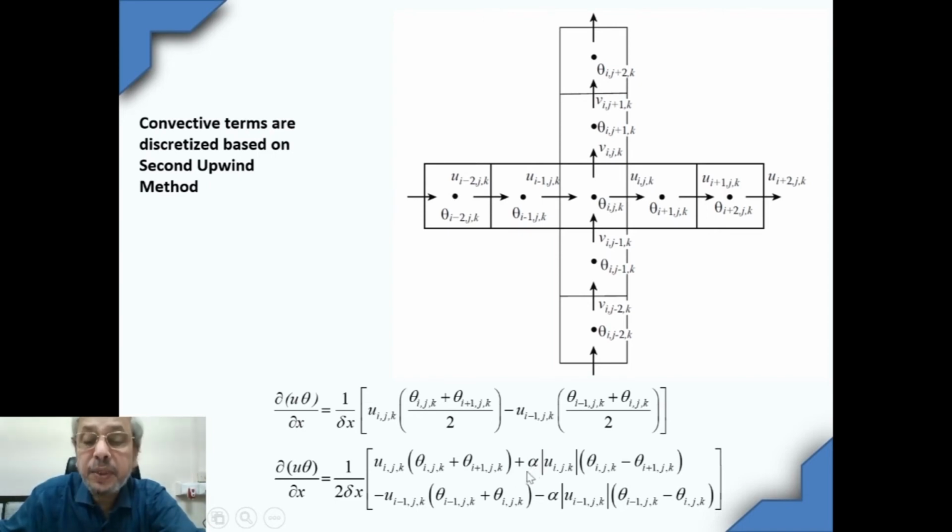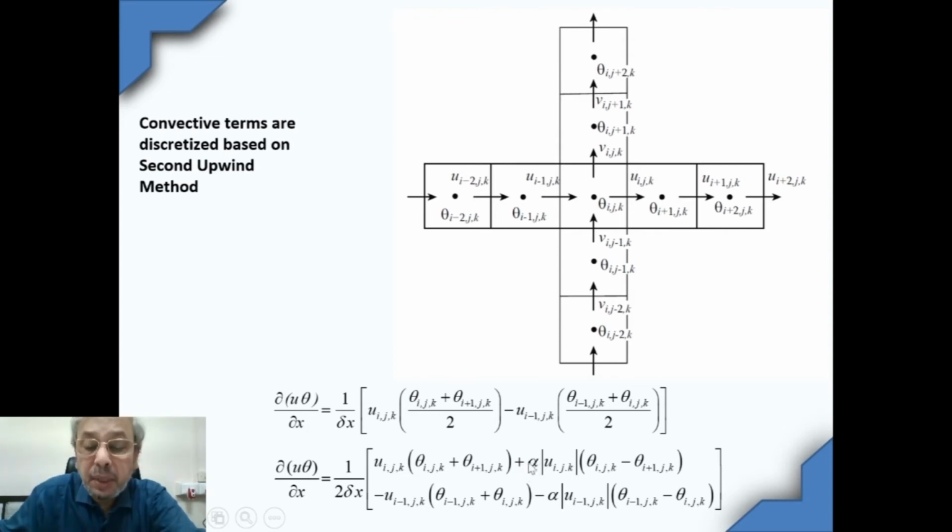Lesser is always better, but it should not cross 0.3, because less alpha means it is inclined more towards central differencing, second order accuracy, and alpha is giving the upwind contribution, but it should be kept at a minimum level.